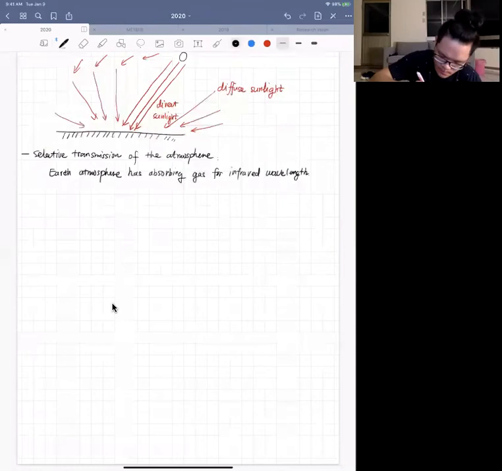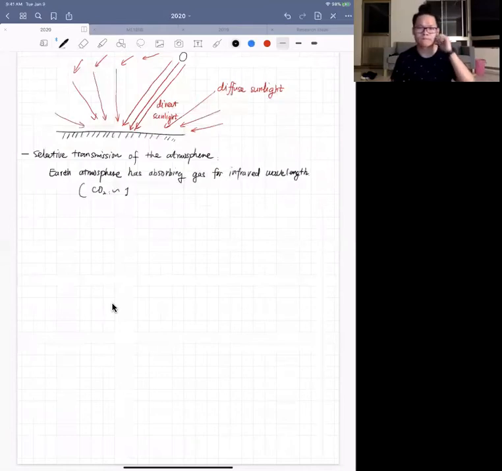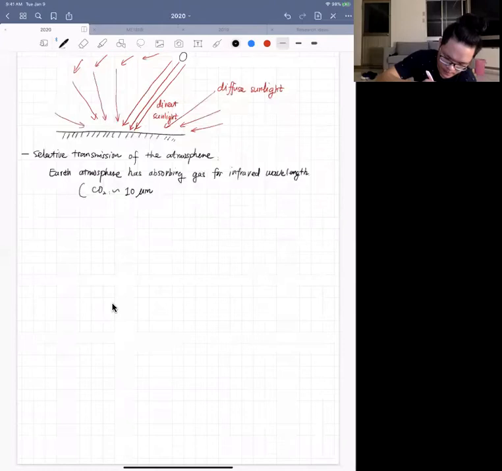The most notorious one is CO2, carbon dioxide, because its peak absorption is at 10 micrometers. Later we will discuss how we understand absorption of these molecules, but for now we just take it as a fact. So the carbon dioxide in the atmosphere tends to absorb longer wavelength infrared thermal radiation, in the range of 10 to 15 micrometers.